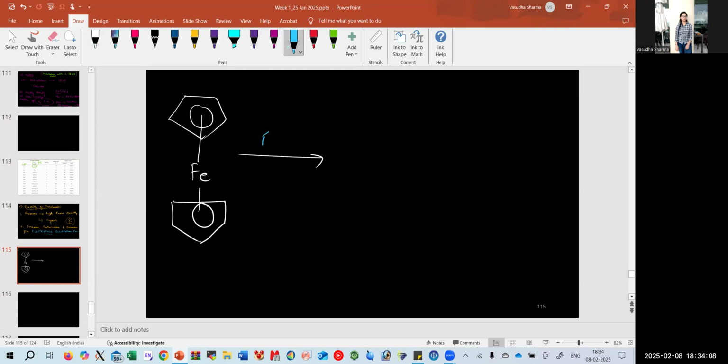Now we have an electrophile, and in Cp the electrophile replaces H, so it is going to replace that.